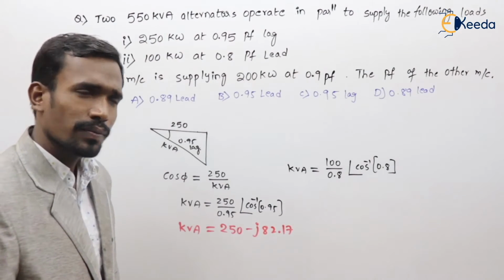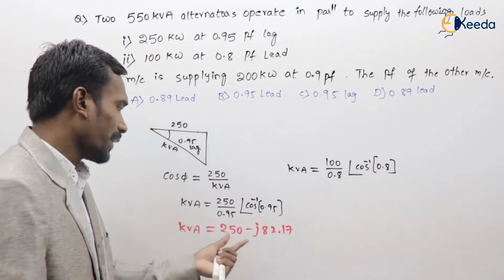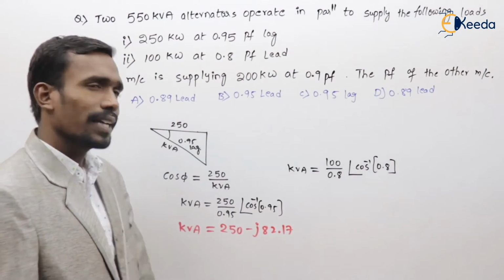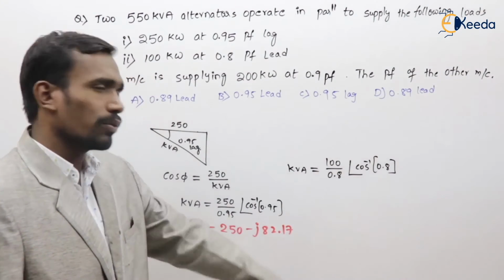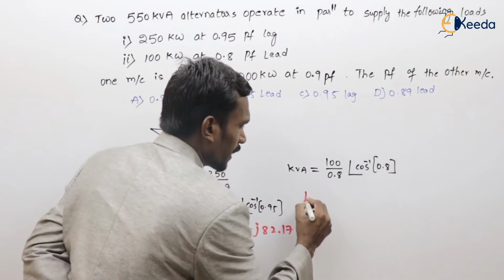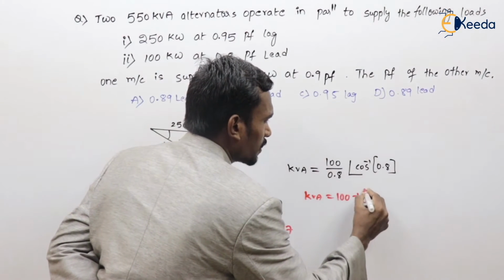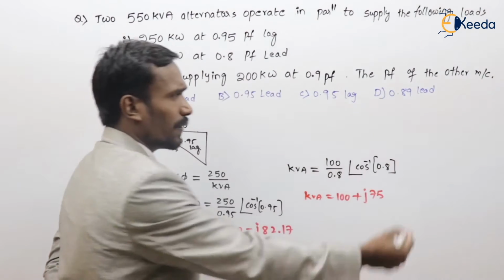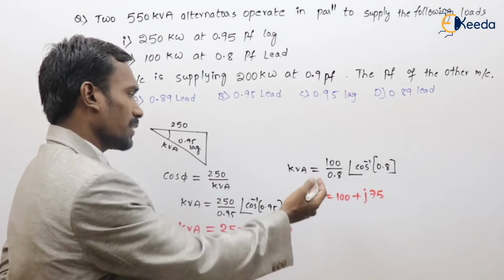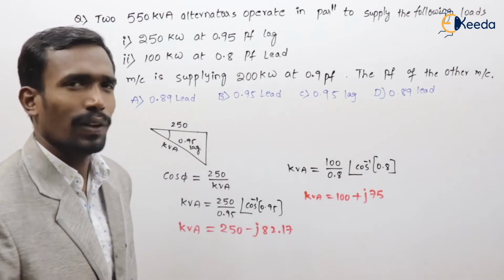We can get this formula by solving this one. We can get this kVA: 250 minus j82.17. By solving this, the other kVA is equal to 100 plus j75, and 250 minus j82.17.